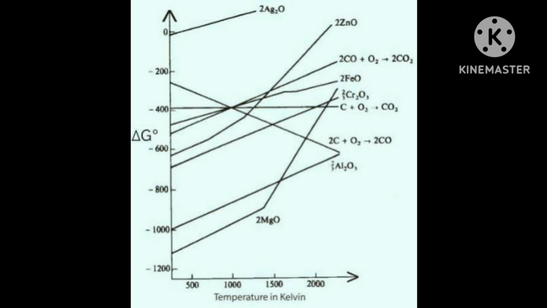Now, metal M plus half O2 gives MO. In the reverse case you can see, MO converts to M plus half O2. Both reactions take place, oxidation as well as reduction, correct?